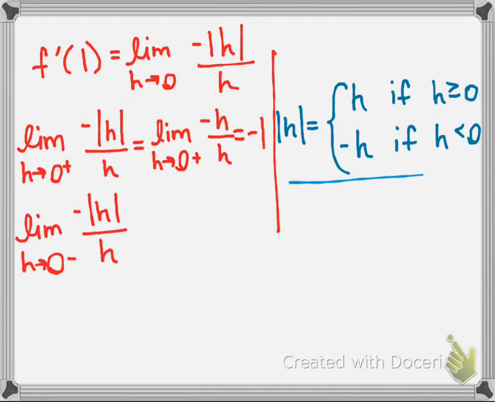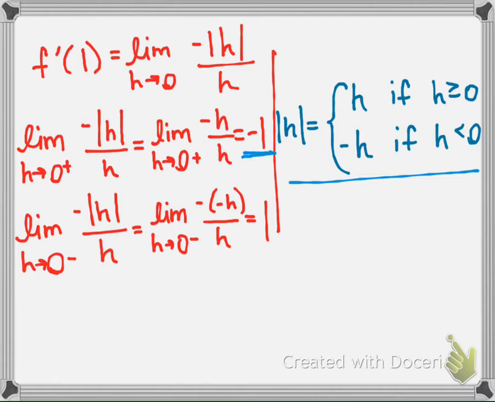If I look over here at this piecewise definition, I want the opposite sign of what h is. So it's the limit as h goes to 0 from the left of negative h divided by h, which gives me 1. So from the right I get -1, and from the left I get +1.